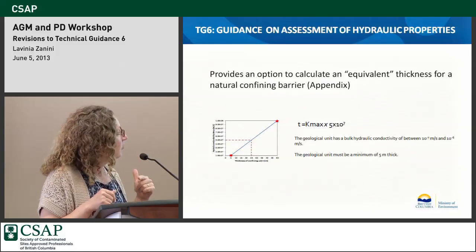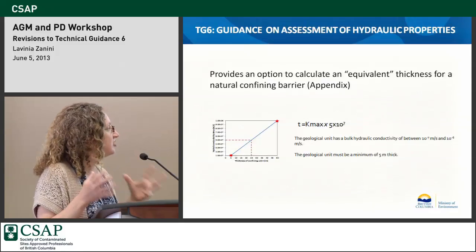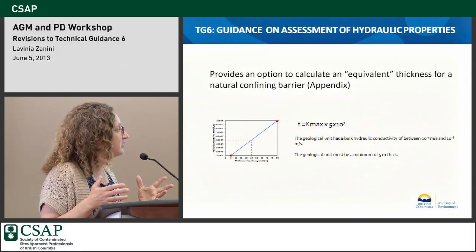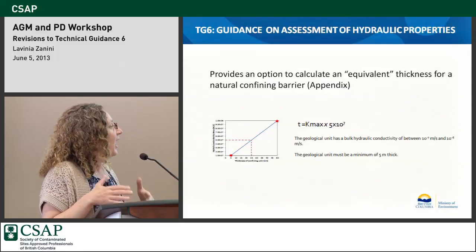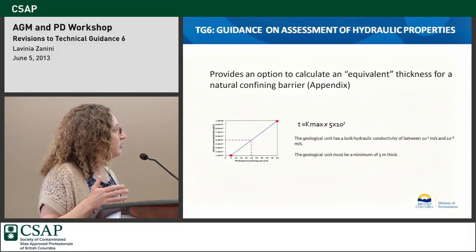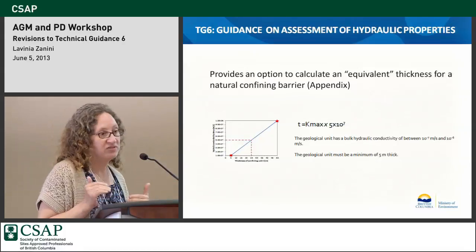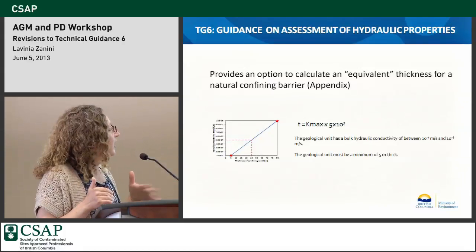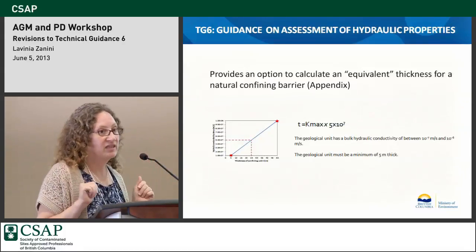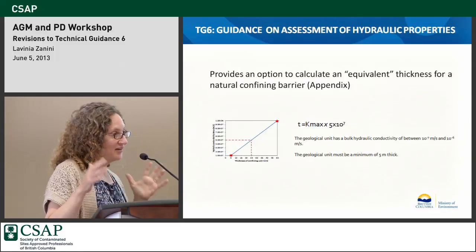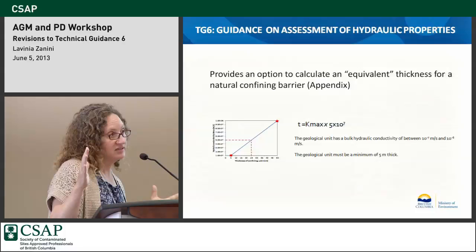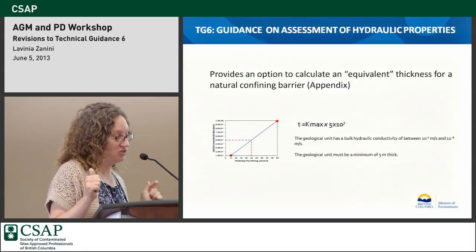So when you have a geological unit that has a bulk hydraulic conductivity of between 10 to the minus 7 and 10 to the minus 6, and that geologic unit is a minimum of 5 meters thick, you can use this equation to determine an equivalent thickness. And also, I was reminded yesterday that that whole equivalent thickness that you determine must be free of contamination as well.